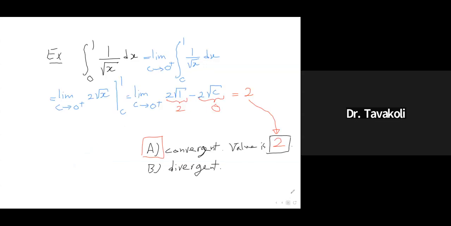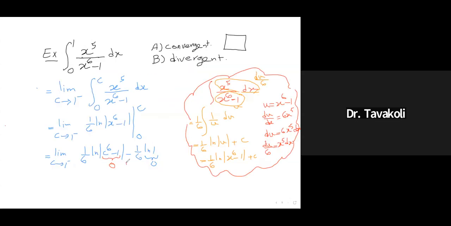So for that reason, this ln is going to be minus infinity, and 1/6 of minus infinity is minus infinity. So I got minus infinity, therefore the answer to this question is it is divergent.